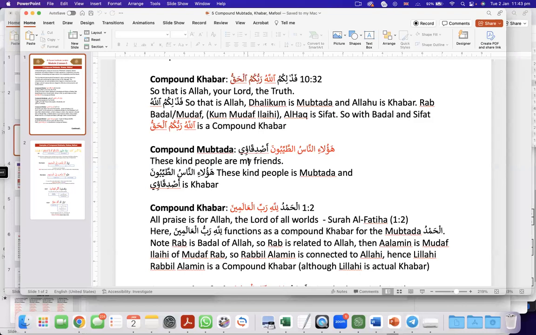Badal can't survive without the badal minhu. So Allahu and Rabb is attached. Then Rabbukum, your Rabb, mudaf ilayhi. Mudaf ilayhi can't exist without a mudaf. So kum is now relying on Rabbu. Rabbu is relying on Allahu. You can't detach them, separate them.